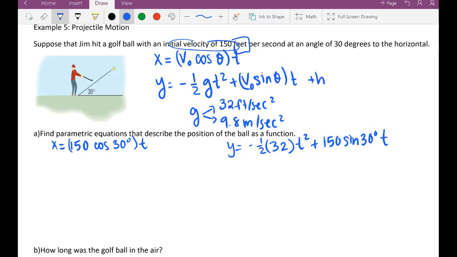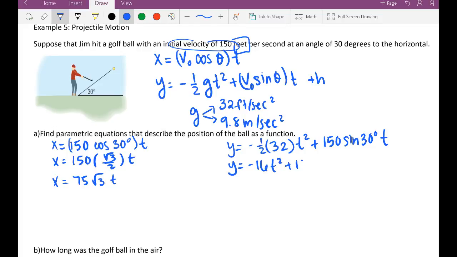Now let's simplify. So x equals 150 cosine of 30 degrees, which is root 3 over 2 times t. Let's simplify some more. X equals 75 root 3 times t. Then over here, we're going to simplify for y. 32 times negative half, that's negative 16 t squared.